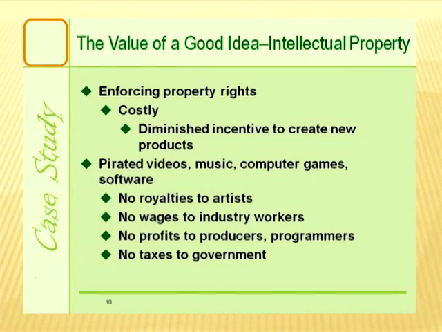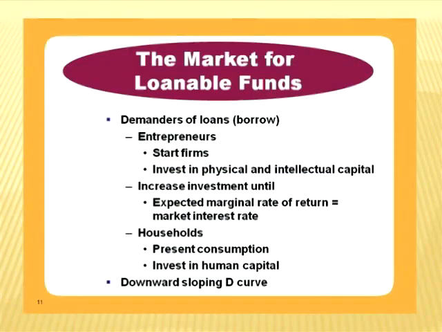So there's really not much incentive for you to produce that program because you can't receive any of the pay for it. And so we have to enforce those through the social system, that is, through property rights created under the court system, in order to make it worth your while to produce such products, which are intellectual property products.